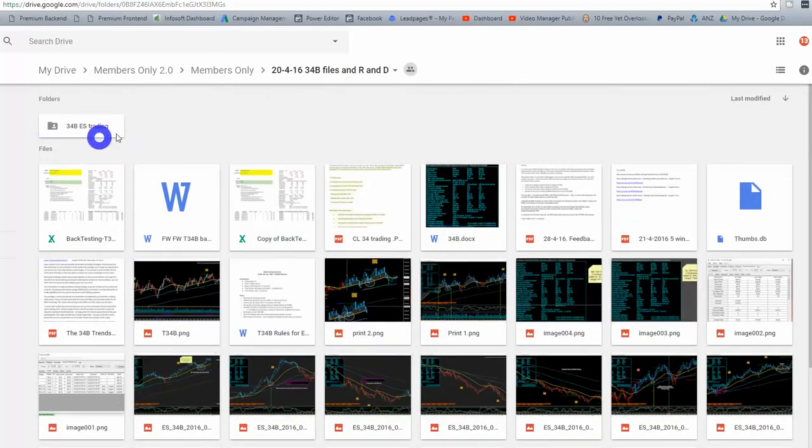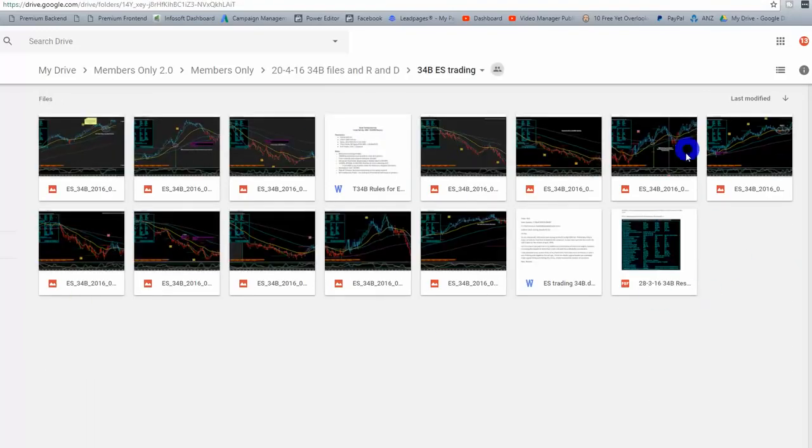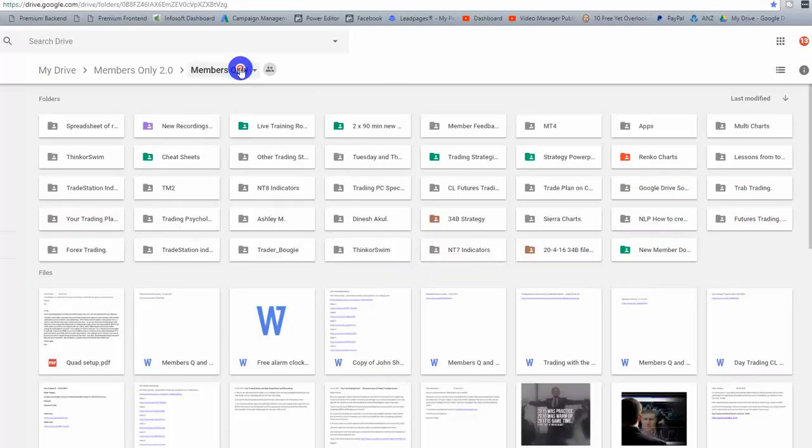There's even one on 34B ES trading, a heap of research on trading the ES with it. Now remember, the 34B works on all markets and all time frames. So whether you trade stocks or Forex, start off with the 34B. It works. The second one I mentioned, traders, was the rule of one if you're going to trade Renko.